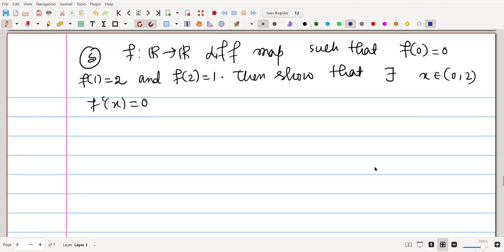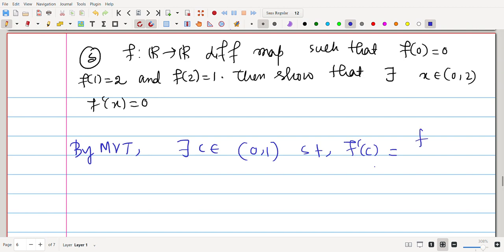Okay. Now question number 5 is a very simple, easiest question. f from R to R is a differentiable map such that f(0) equals 0 and f(1) equals 2. So by the mean value theorem, there exists c in (0, 1) such that f prime of c equals (f(1) minus f(0)) by (1 minus 0), which is 2 minus 0 by 1, which is 2.